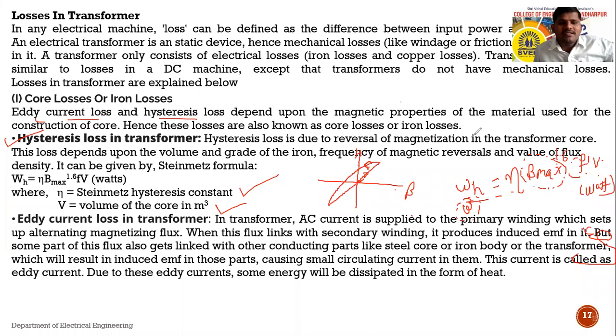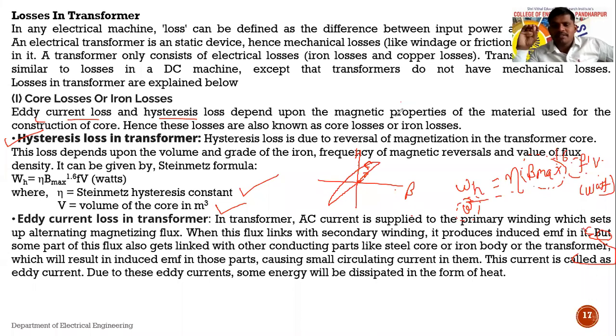All of you keep in mind that the hysteresis loss of the transformer depends upon the volume and grade of the iron core used, upon the frequency of magnetic reversal, and upon the flux density.